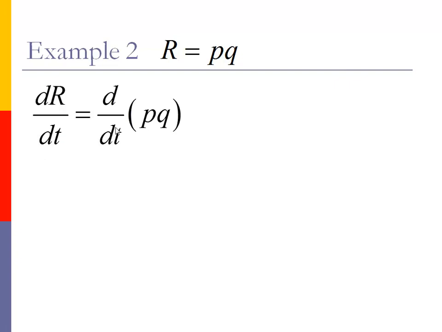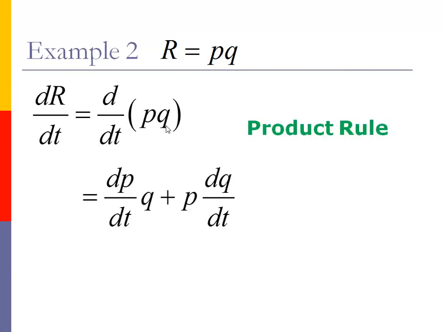On the right-hand side, I've got two things multiplying together, so to do its derivative, we've got to do the product rule.